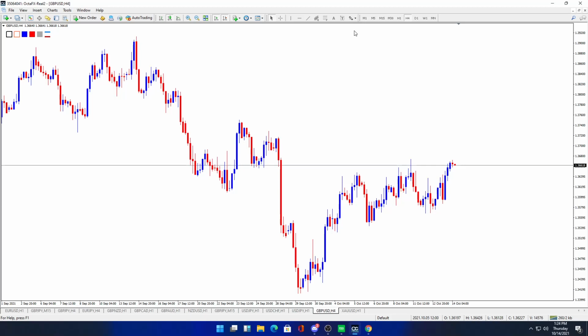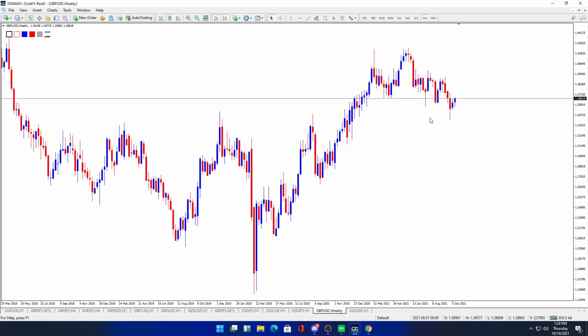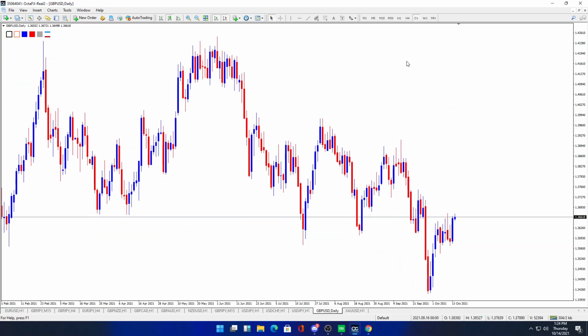Up here, from monthly, one candle takes 1 month to complete; weekly candle; daily is a 1-day candle, meaning 24 hours.